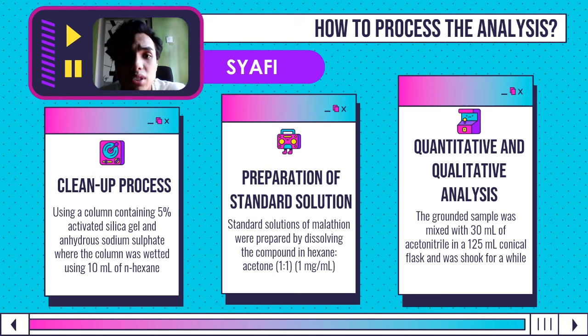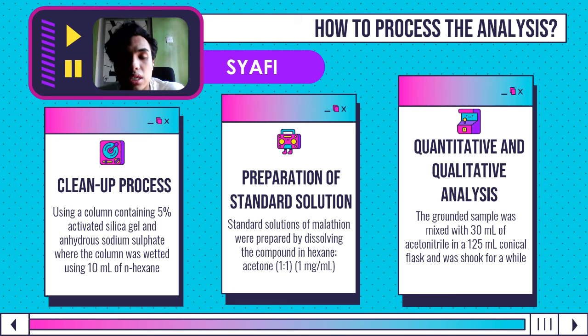The extract was subjected to a clean-up process using a column containing 5% activated silica gel and anhydrous sodium sulfate, where the column was washed using 10 ml of hexane. Then 1 ml of the extract was pipetted into the column and eluted with 10 ml ethyl acetate hexane. The collected eluents were concentrated by nitrogen to 1 ml before being injected into GCMS for analysis.